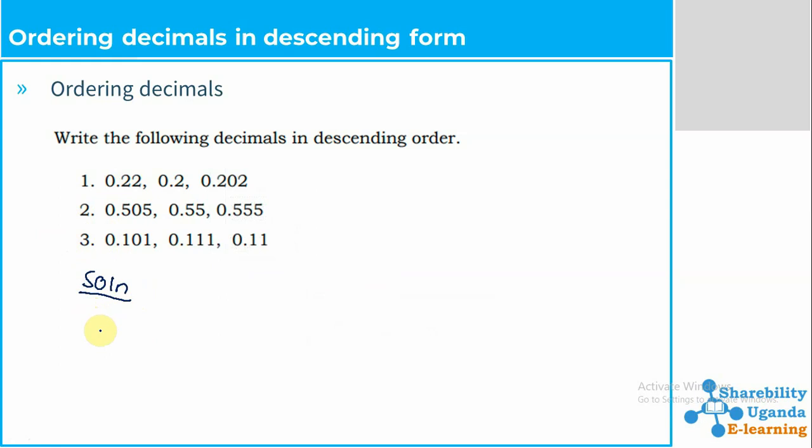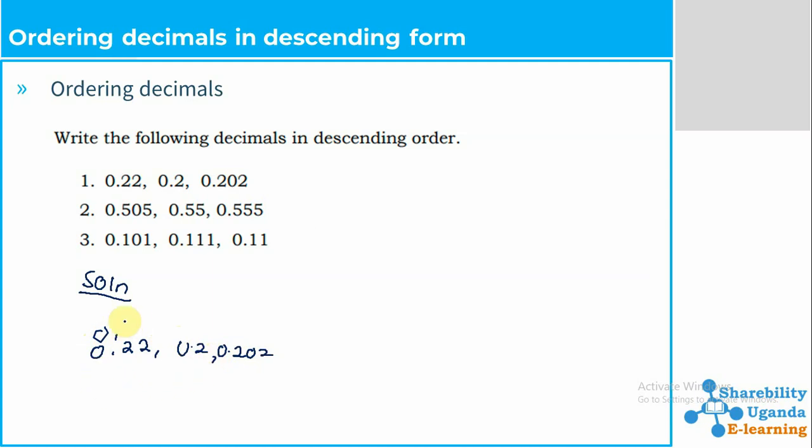We have our 0.22, then 0.2, then 0.202. So these are all numbers which are given.